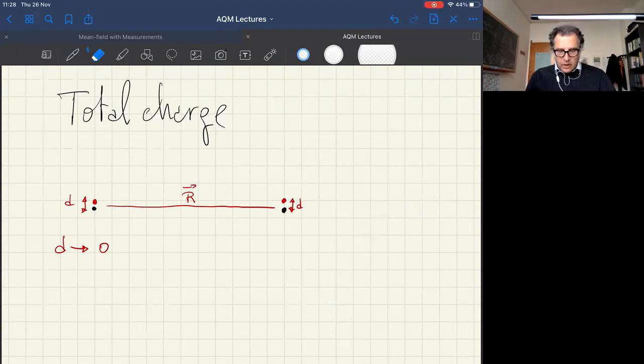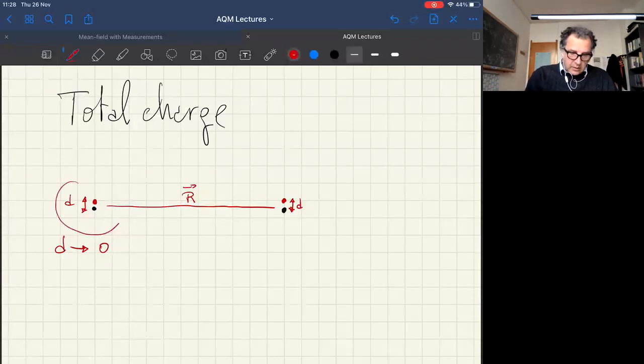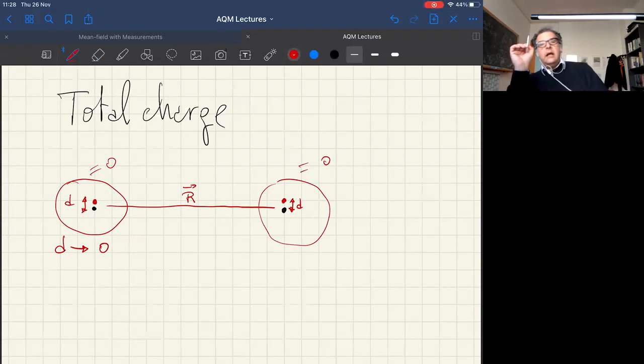Now, if there is a small displacement, or you have an extended object, even if the total charge of this is 0, and this is 0, since they are positioned in different places, this may lead to some residual interaction. Is it clear?